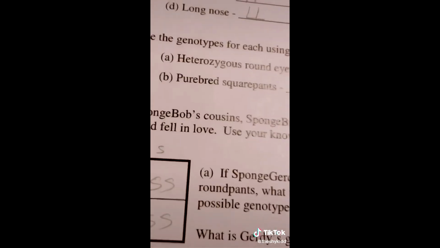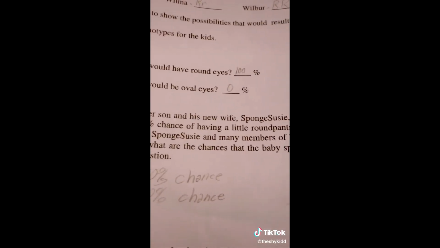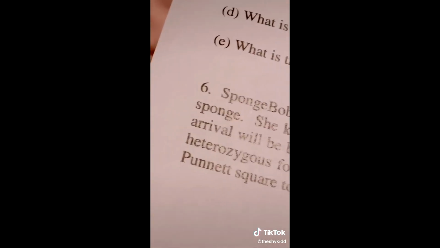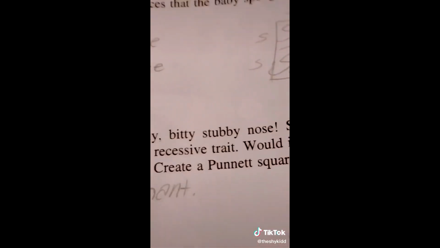One of SpongeBob's cousins, Sponge Billy Bob, recently met a cute SquarePants gal, Sponge Gertie. SpongeBob's mother is so proud of her son and his new wife, Sponge Susie, as they are expecting a little sponge. SpongeBob's aunt is famous around town for her itty-bitty stubby nose.